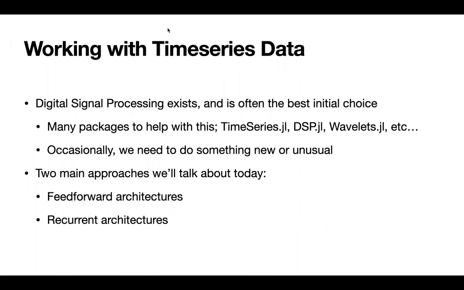Things like, how can I isolate this particular component in my time series? How can I look at slow fluctuations versus quick fluctuations, filtering based on frequency and things like that. Looking at the composition of fast and slow changes or high and low frequencies.